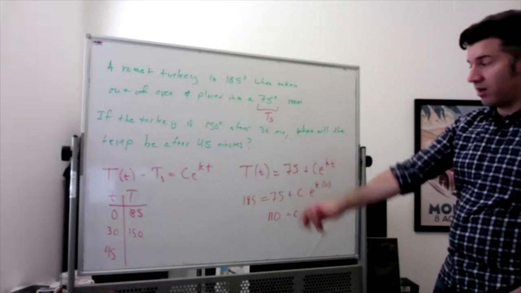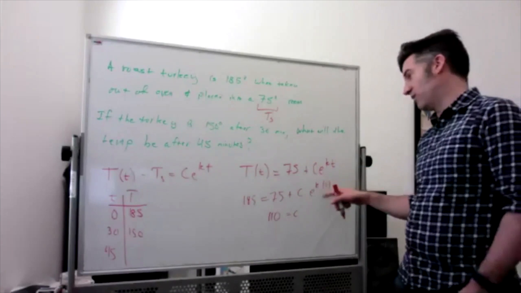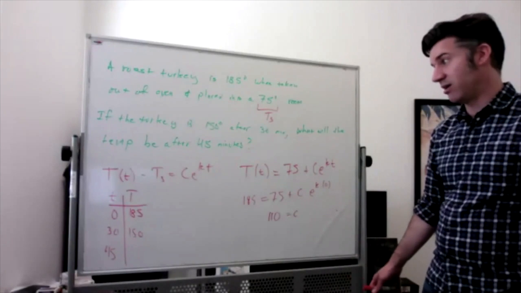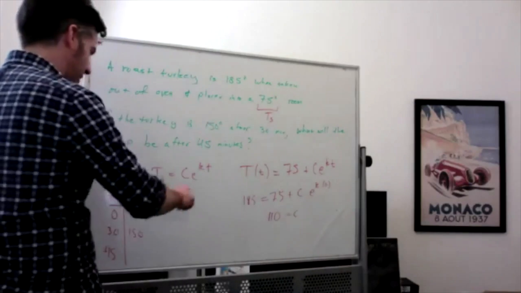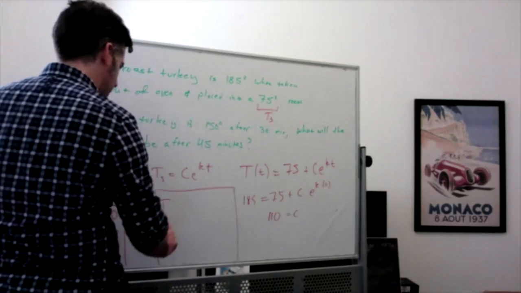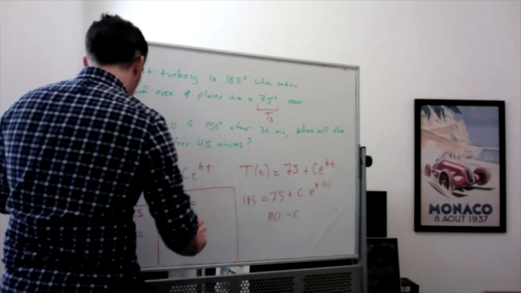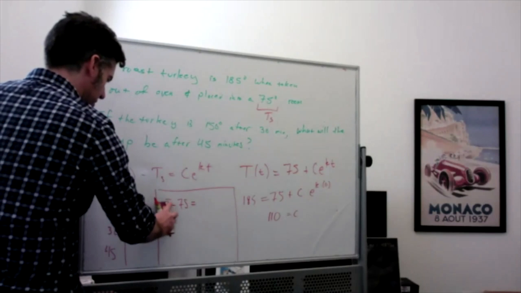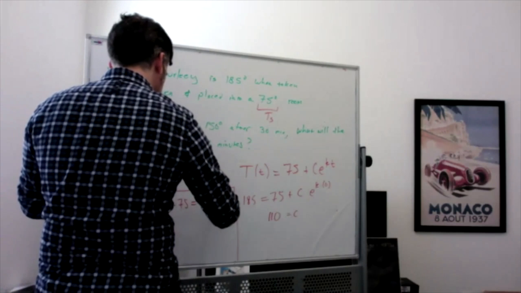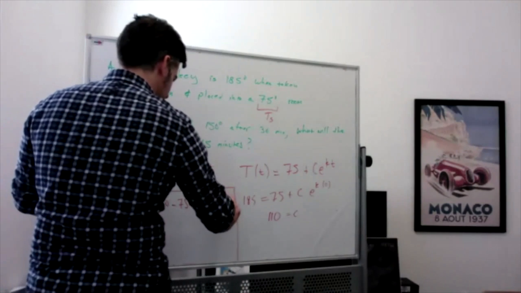Then we're going to plug in the other piece of data to solve for K. I know I said people often bring the 75 over to the other side, and we will at the very end. But for these first two steps, it would have made sense to leave it on the other side, because in this next step I'm going to solve for K. So it makes more sense to write the temperature of the turkey minus 75 equals C e to the K times T. I should be plugging in the temperature, which is 150, equals C e to the K times T, which is 30, and I forgot to plug in the C value I just found.